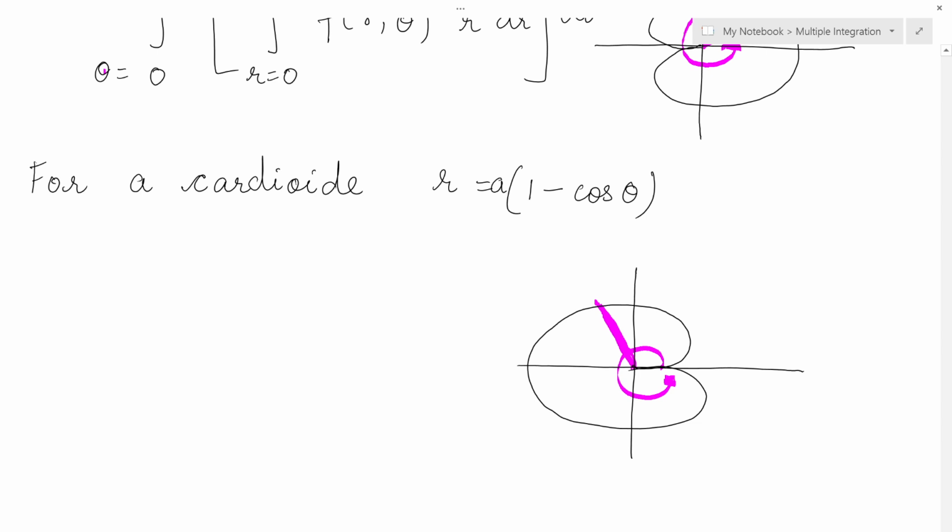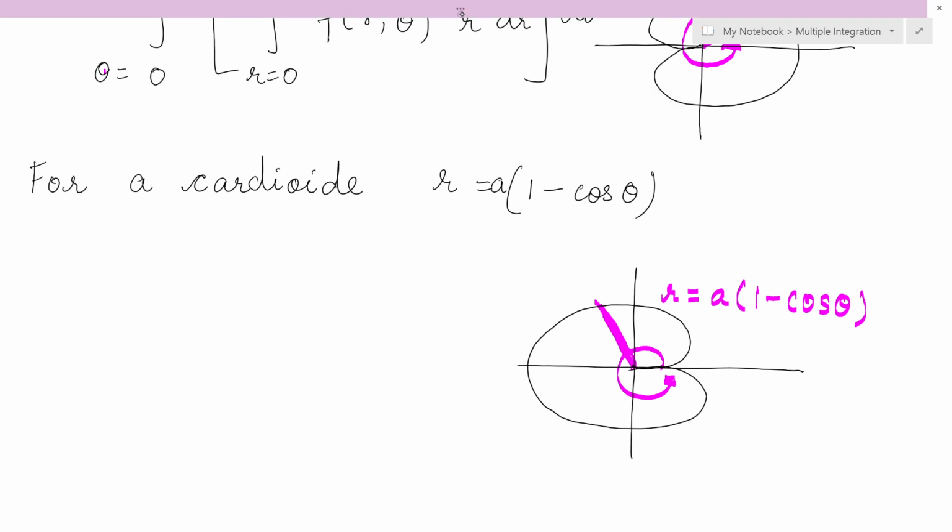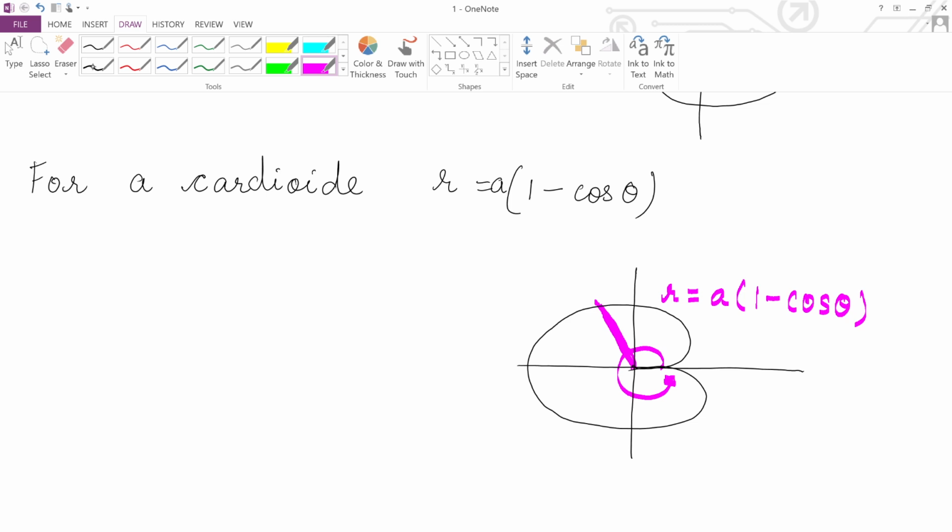The equation of the cardioid is what? R is equal to a into 1 minus cos theta. Right? So my inner limits will be 0 to a into 1 minus cos theta.